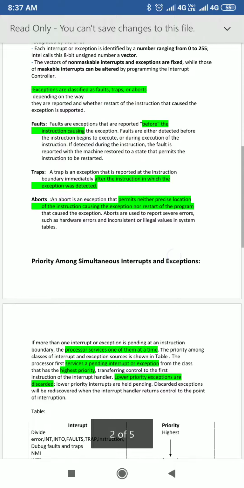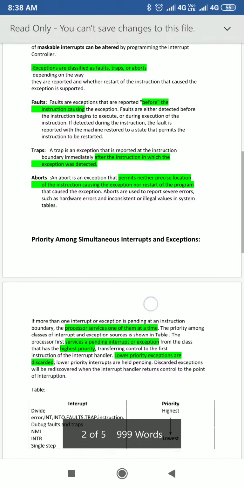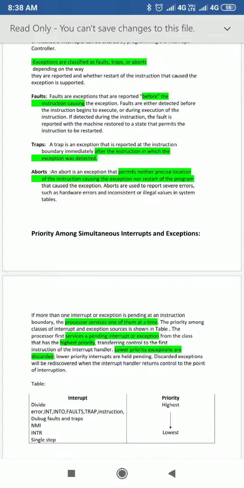The second type of exception is the trap. Traps are exceptions that are reported immediately after the execution of the instruction that caused the problem. Now remember the difference between fault and trap. A fault occurs before the execution of the faulting instruction, whereas a trap is reported after the execution of the faulty instruction.